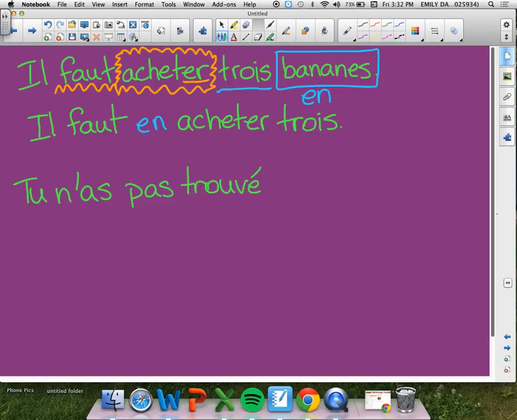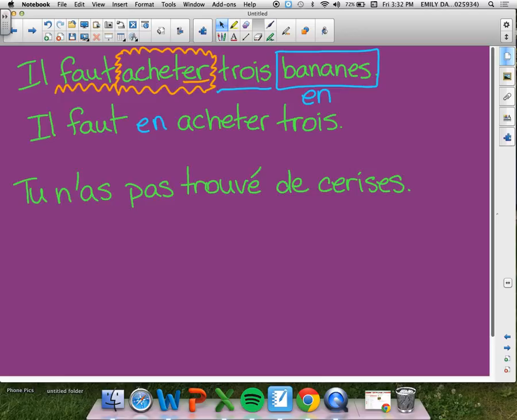So I'm using the passé composé here. Tu n'as pas trouvé, I don't know, de cerises. Tu n'as pas trouvé de cerises? Did you not find any cherries?